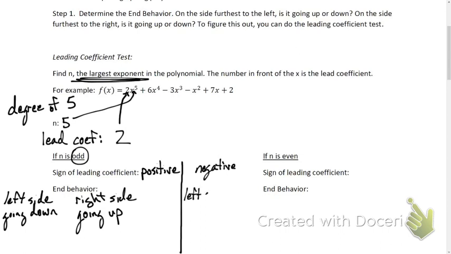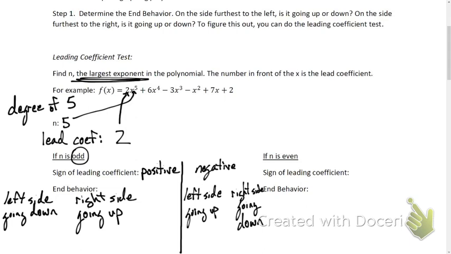And we have left side going up, right side going down. All right. That doesn't look like the word side. It's a little better.